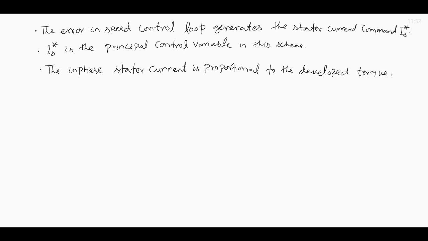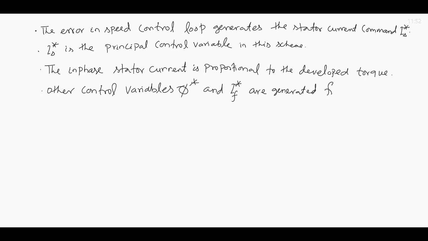Other control variables are phi dash star and If star. These are generated from the stator current command Is star through respective function generators.